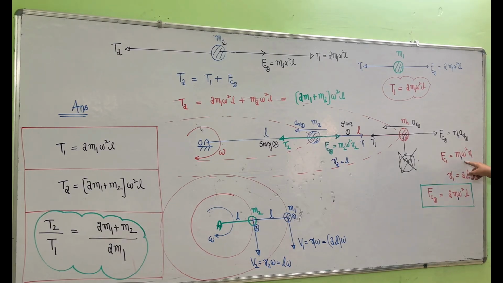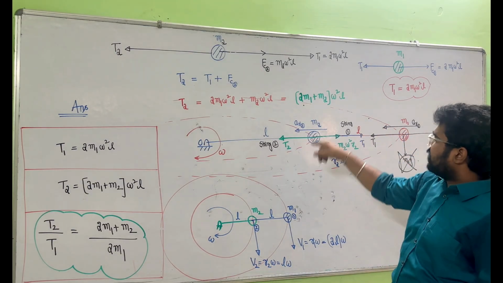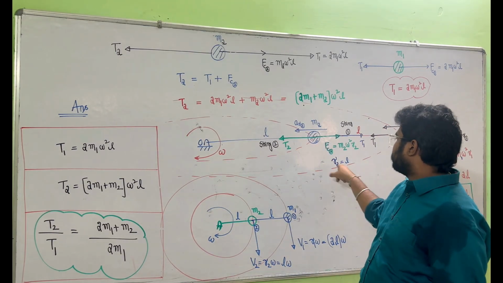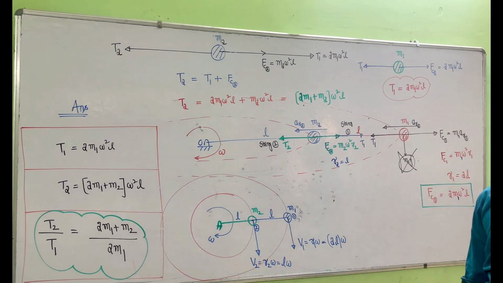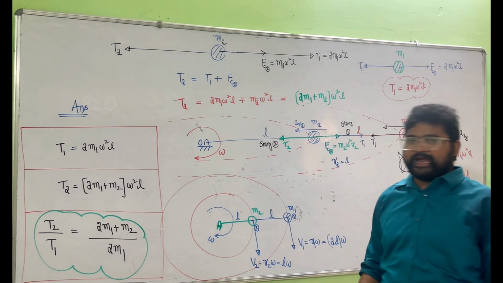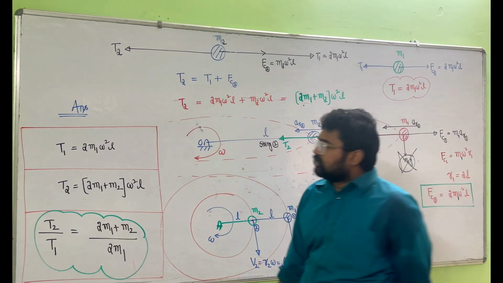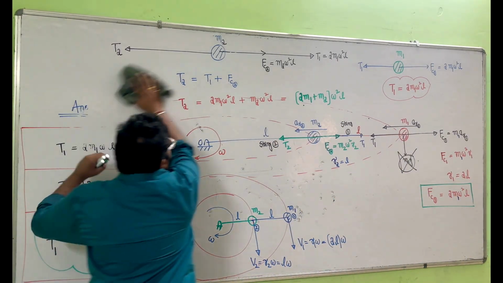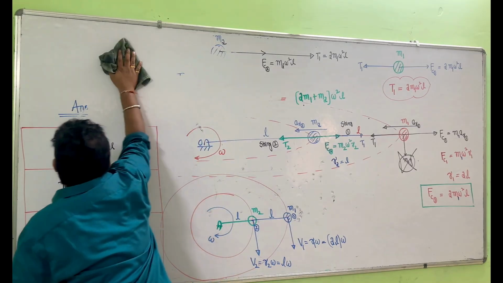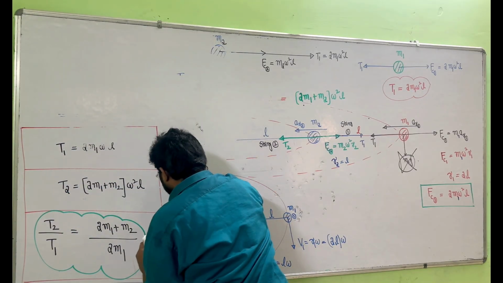T1 equal to 2 m1 omega square L, T2 equal to (2m1 plus m2) omega square L. So T1 and T2 obtained, finally T2 by T1. Next item, conical pendulum.